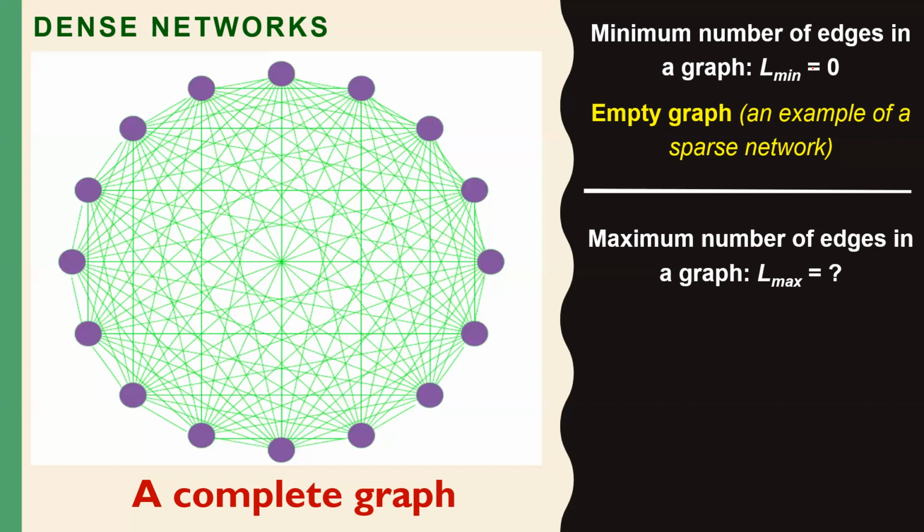So with n vertices, we say it's the combination of n taking 2 at a time, which equals n times n minus 1 over 2.